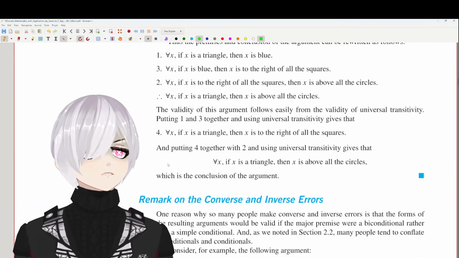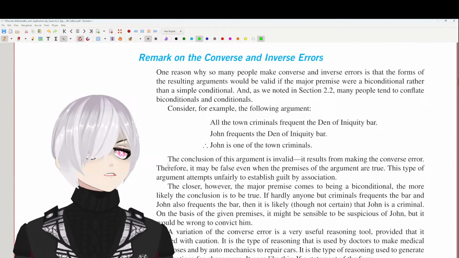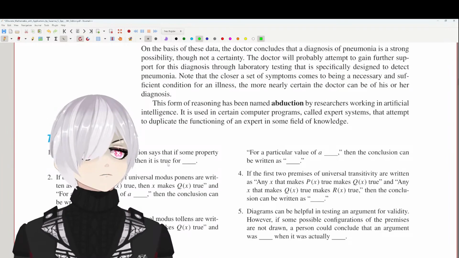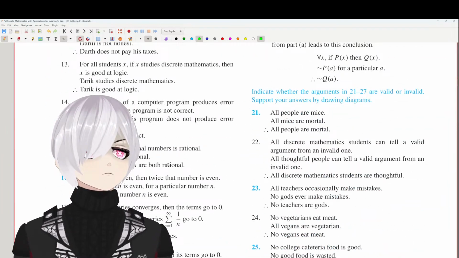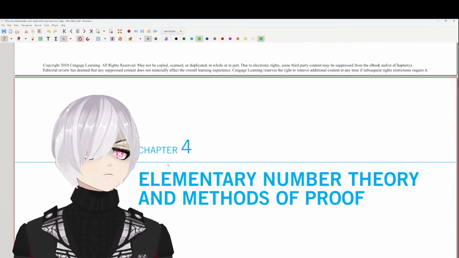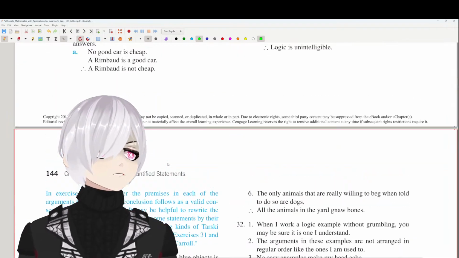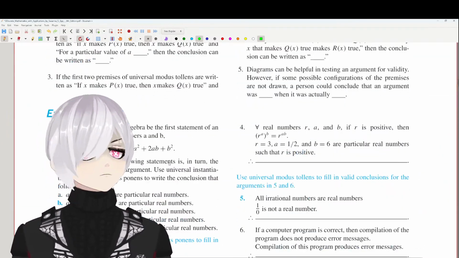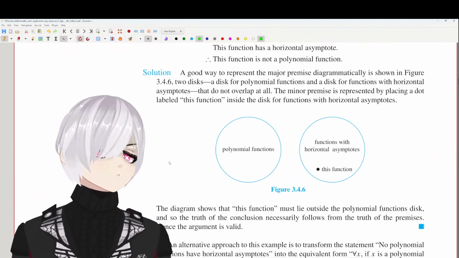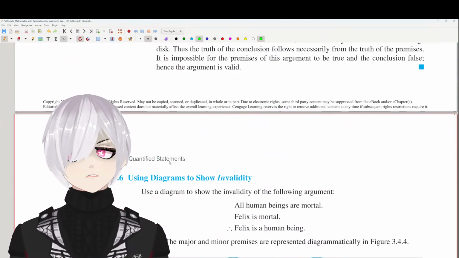On what page does this last one end? Oh, it ends on 144, so it's less than 10 pages.